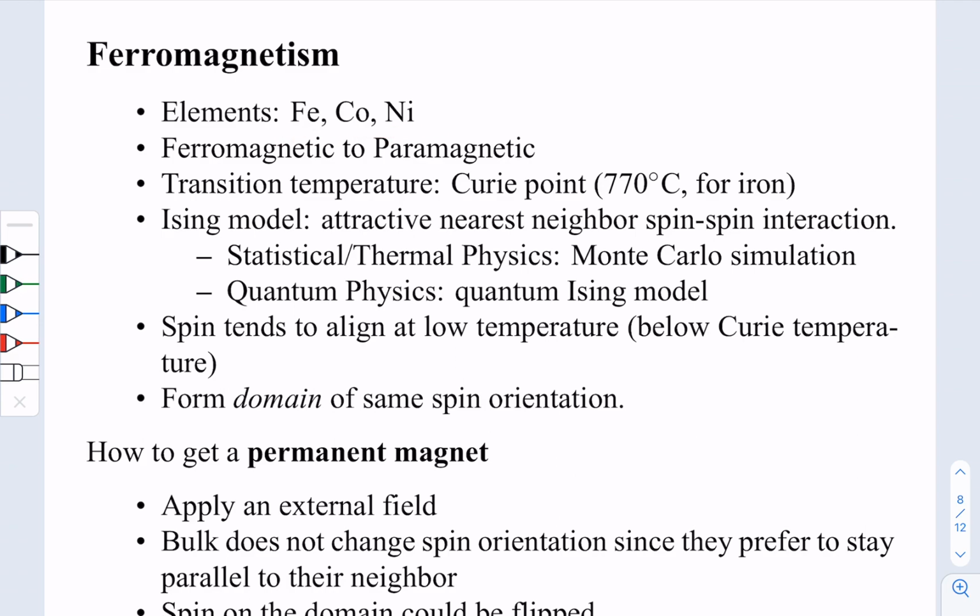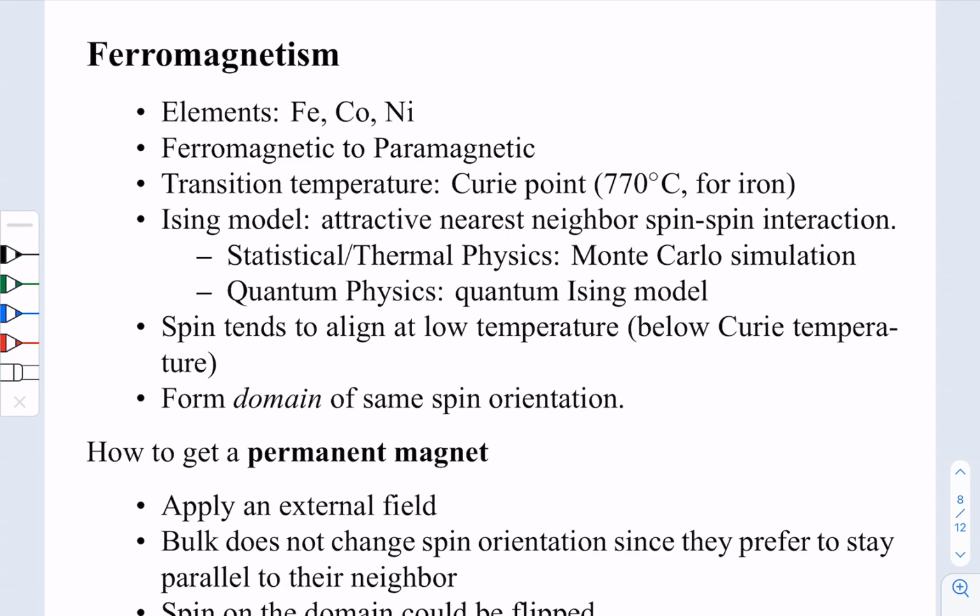So for iron, the temperature is 770 Celsius, and room temperature is only about 20 Celsius, which is much smaller than the transition temperature.